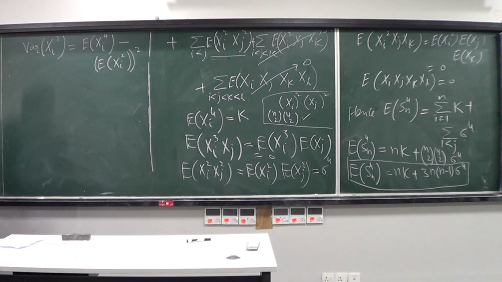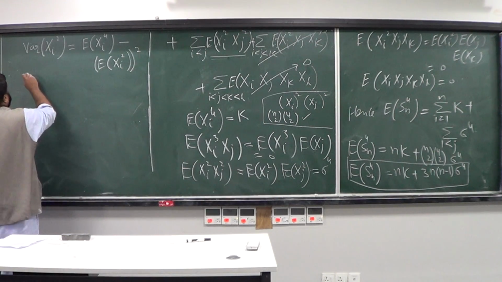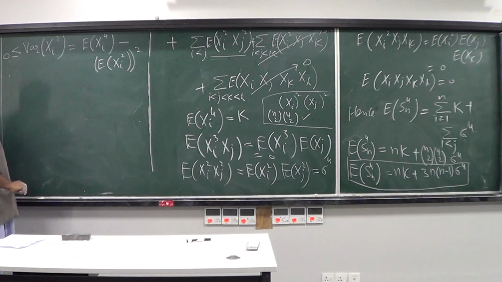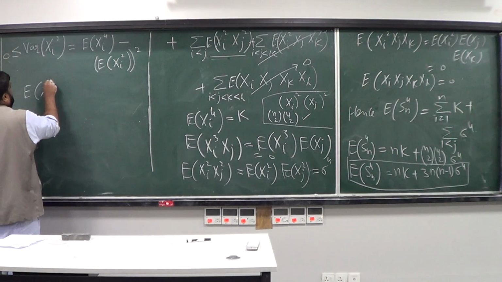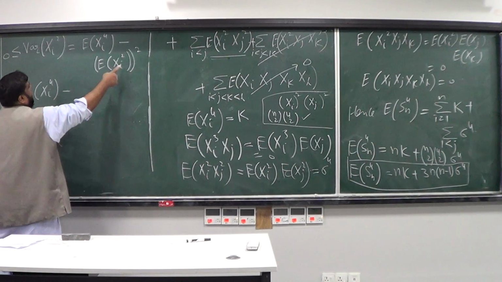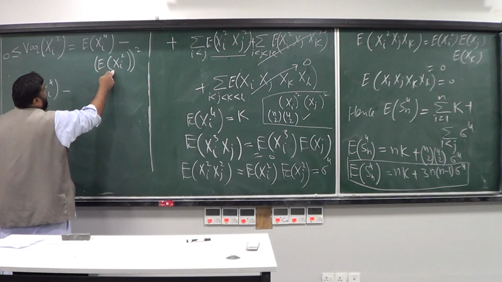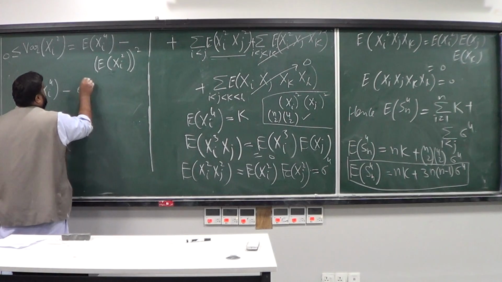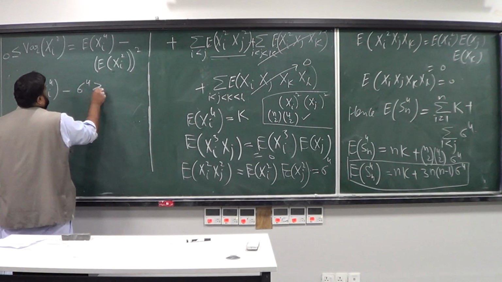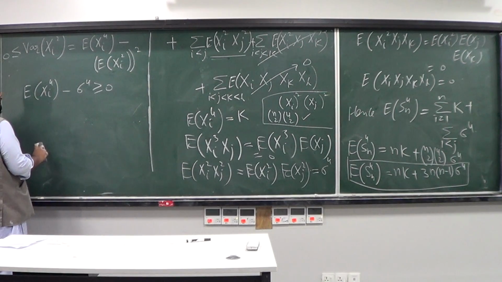Now I know that the variance is always non-negative. So this means that this difference, the expectation of xi to the power 4 minus the square of the expectation of xi square, which is sigma square, so this is sigma to the power 4, is greater than or equal to 0.